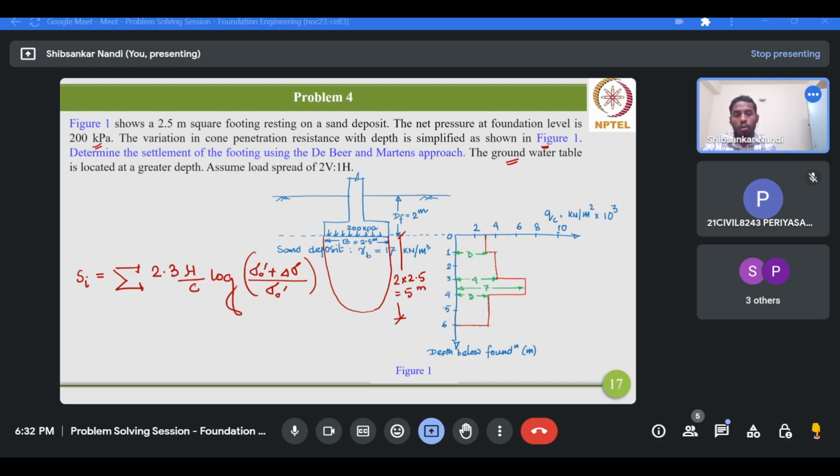Within this zone, the cone penetration resistance first varies as 3 for the first 1 meter thickness, then 3 to 4 for the next 2 meters, then 4 to 7 for the next 1 meter, and 7 to 3 for the remaining part. Therefore we can divide this entire influence zone into 4 layers.